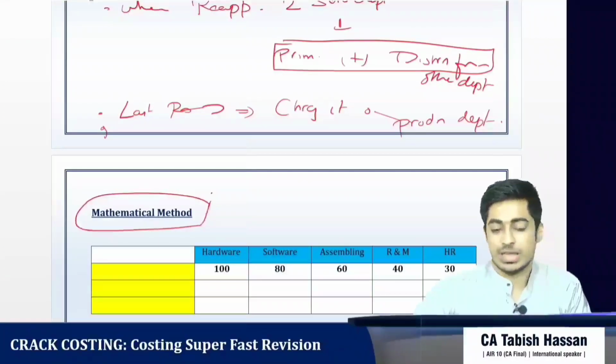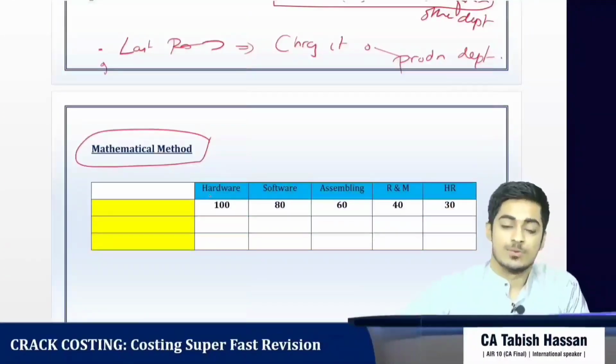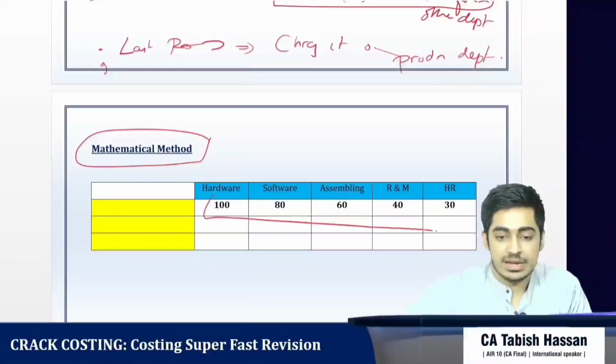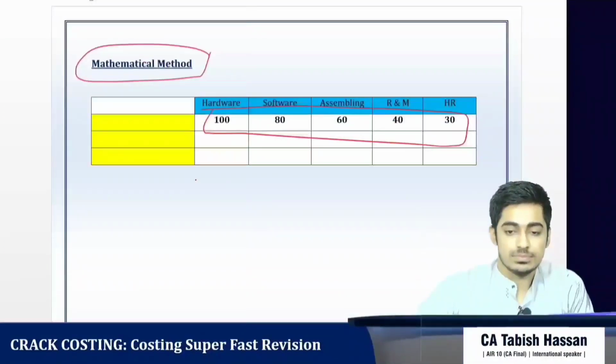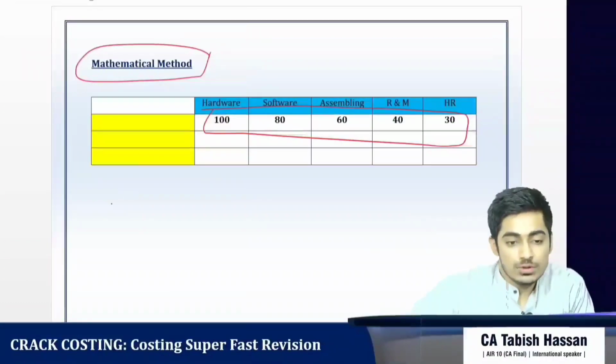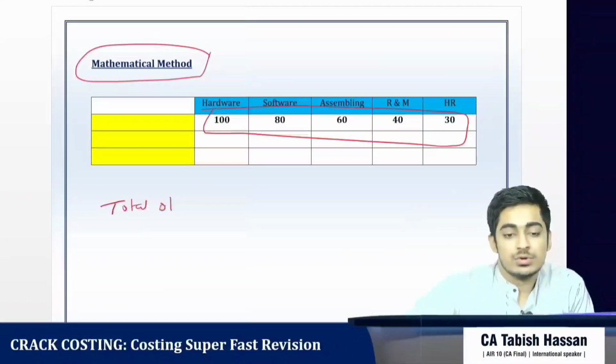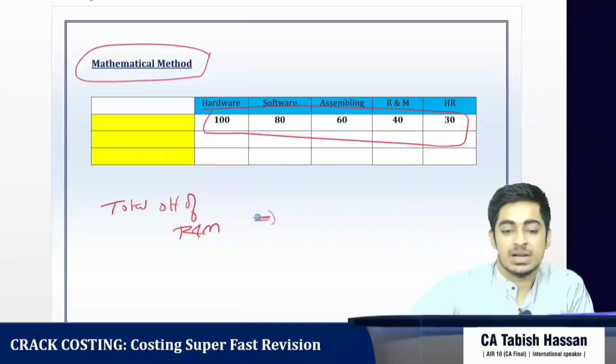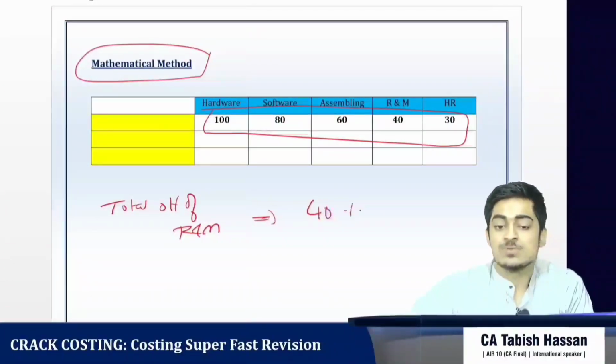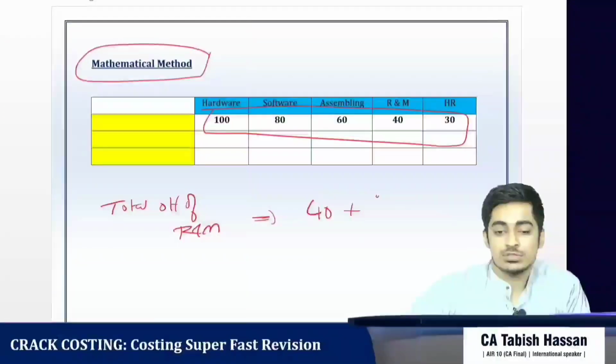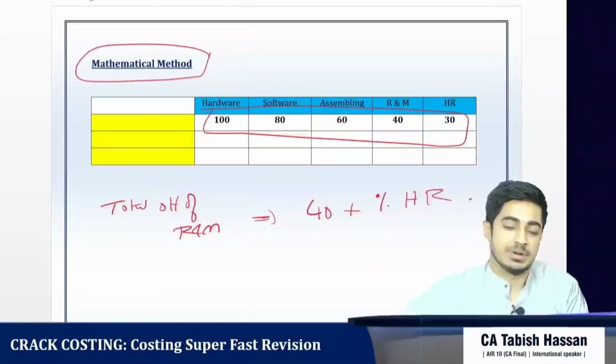So how do we do that? We've got the primary distribution at 100, 80, 60, 40 and 30. So we know the total overheads of the repairs and maintenance department is 40 rupees from primary distribution, and we also have the percentage allocation of the HR department.